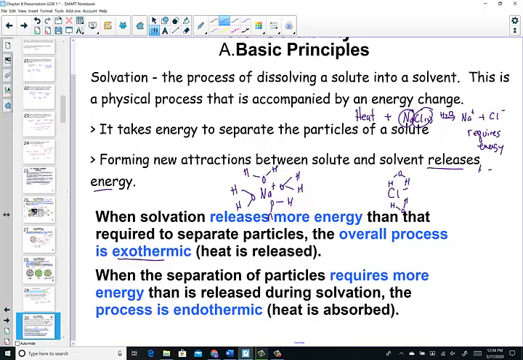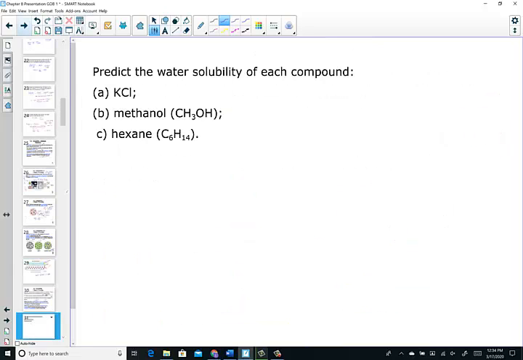And if the separation requires more energy than is released as it's solvated, we call it an endothermic process. So dissolving is typically exothermic. It is a heat releasing process, but there are exceptions to that rule, as chemical cold packs, for example, would illustrate.